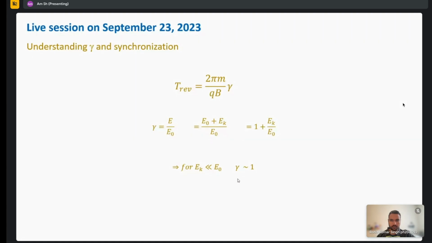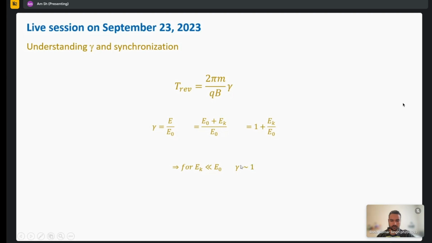In the case of the non-relativistic regime, when the kinetic energy of the particle we are considering is much lesser than its rest energy, gamma remains constant near 1, and T revolution is practically independent of gamma.